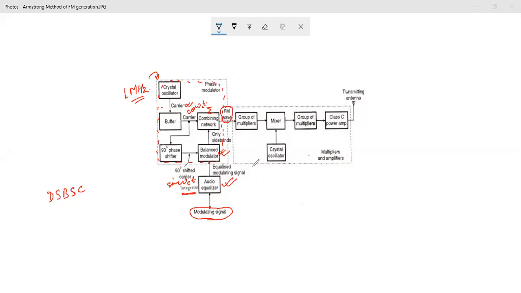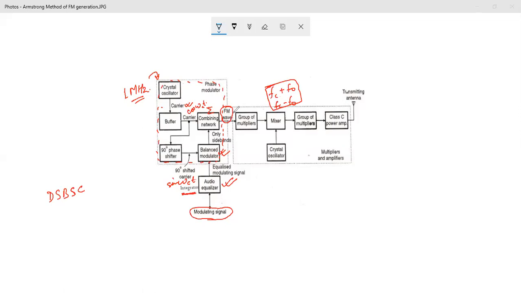So what is the purpose of these mixer type of components? यहाँ पर जो mixer देख रहे हो, these mixers will produce what? They will produce either the sum, that is FC plus F naught, or the FC minus F naught type of signals. So these mixers will produce the sum or the subtraction of the signals.